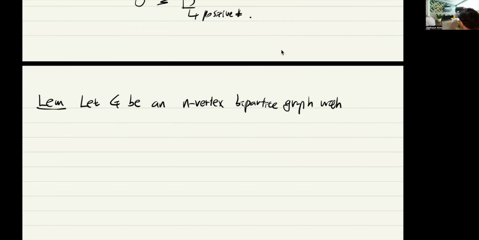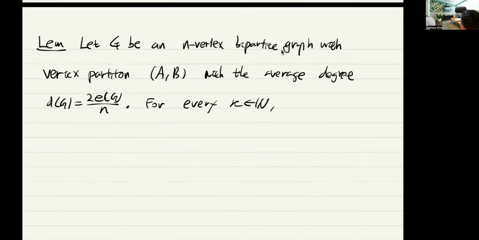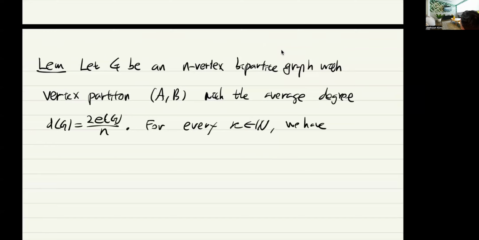So this is a bipartite graph with vertex partition A, B, with average degree d. For every k, we have the following lower bound on the number of homomorphisms of C_2k into G, which is the average degree to the 2k.